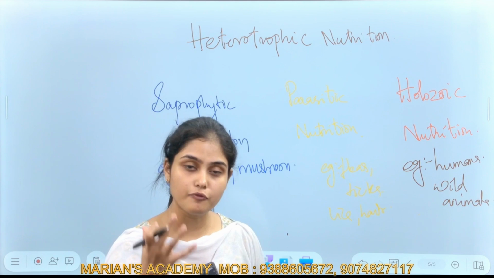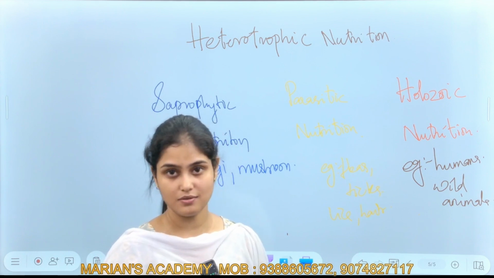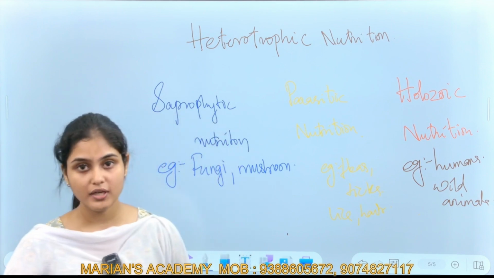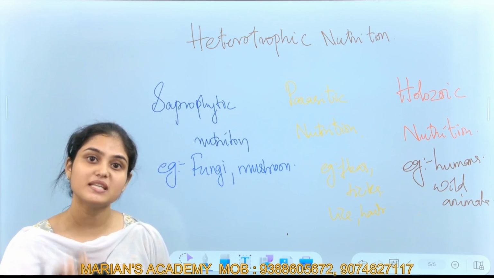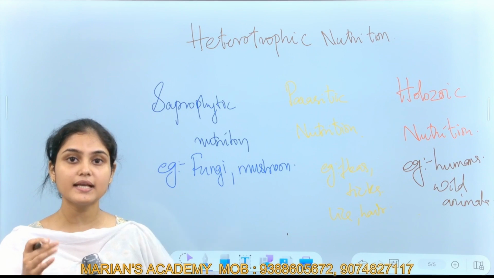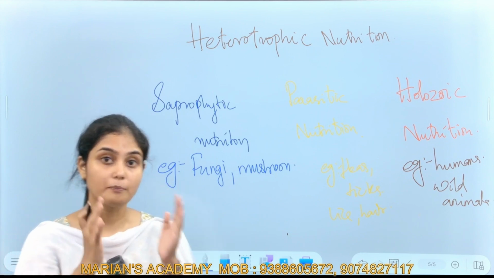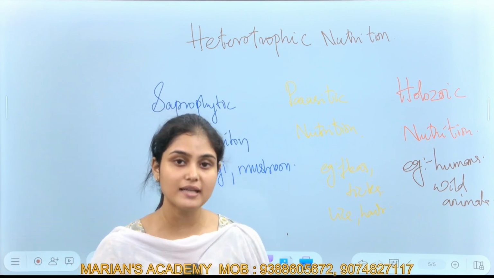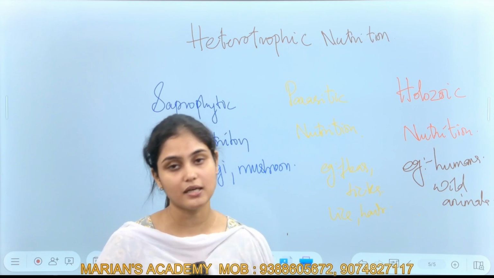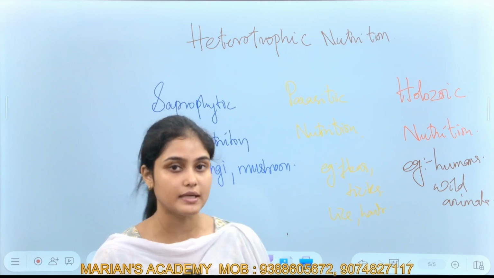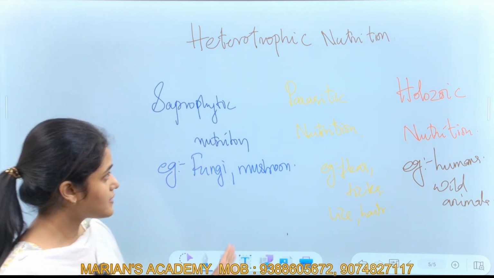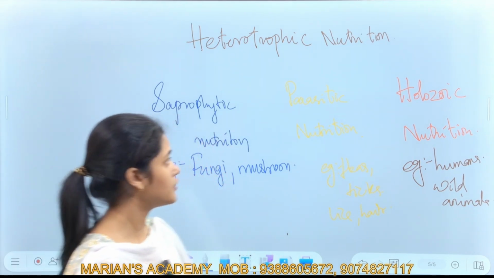We are taking the food as such, and all the breakdown into simpler compounds happens inside our body. So we take the food in its complex nature itself, and the breaking down happens inside our body, in the stomach and the intestine, which we will study later. So that is the holozoic kind of nutrition.